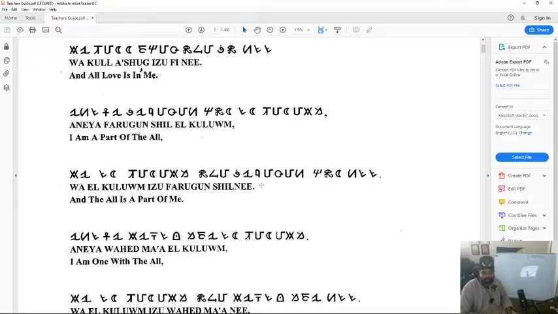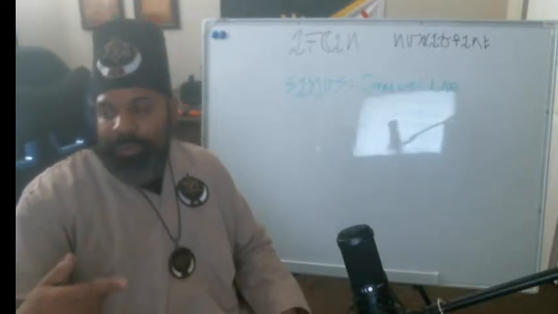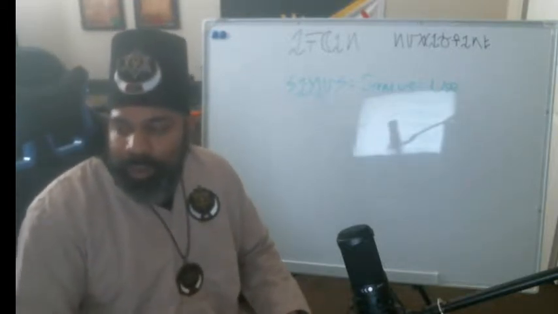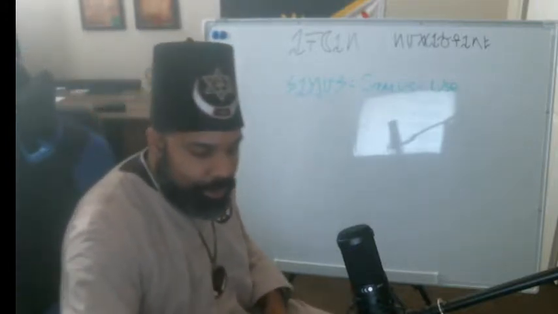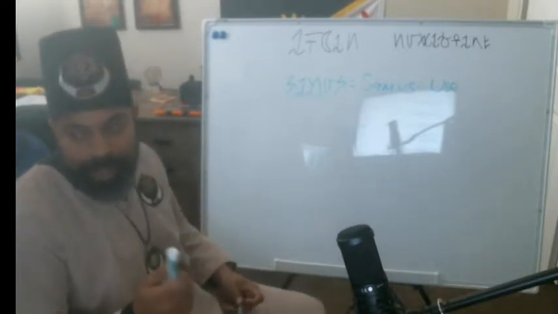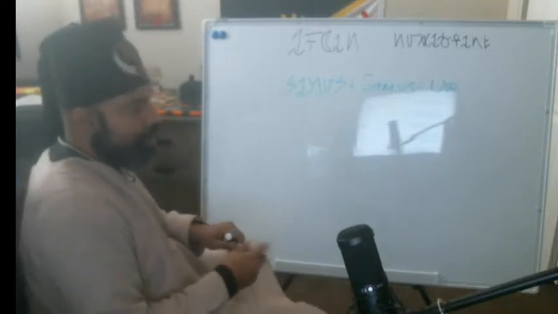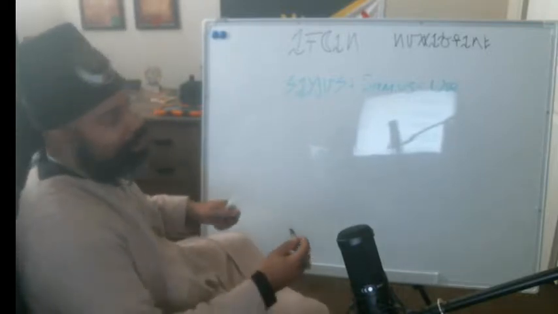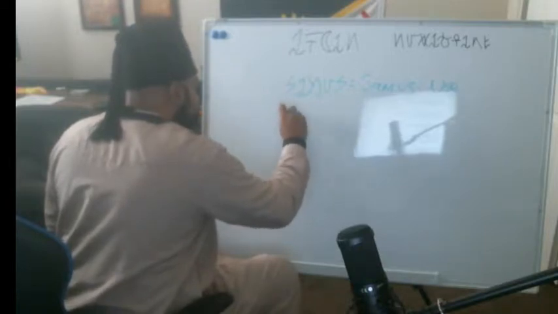So another thing I want to point out is when you see farogun wa el kulum izu farogun shil ni, you're actually farogun, the root word. You always got to find out what the root word is and then work from there. So farogun it means part, right? So let me write this for y'all.